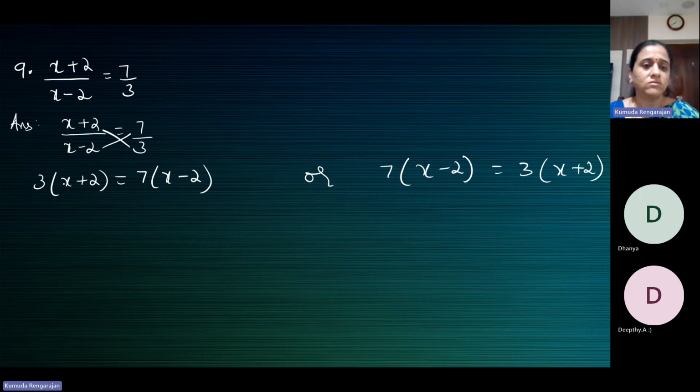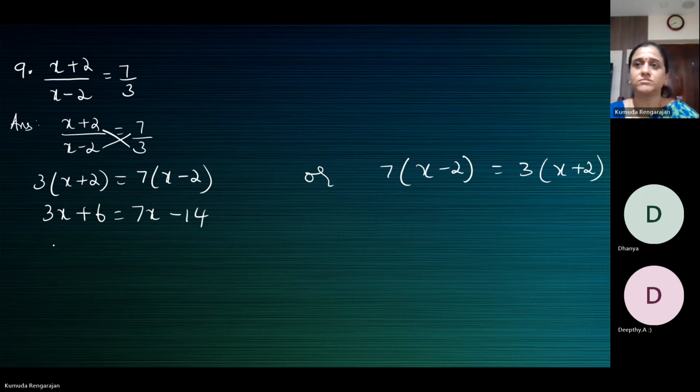All right. So now 3 into x, 3x, tell me fast. 3x plus 6 is equal to 7x minus 14.